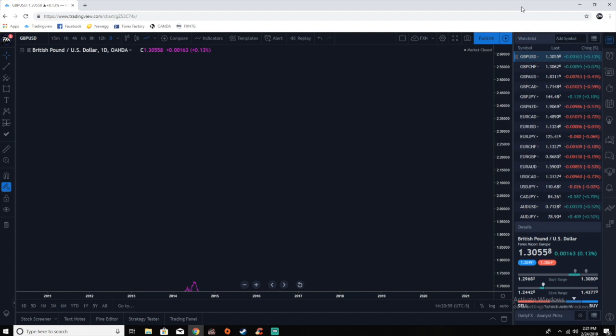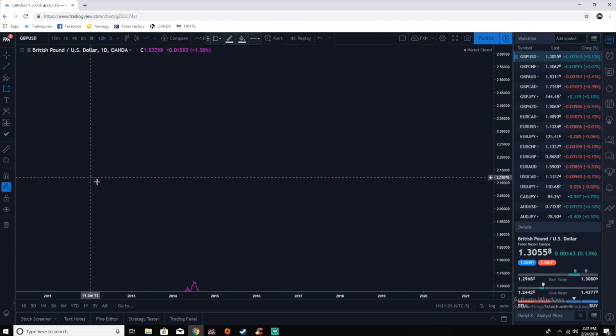Essentially, the hardest part about this strategy, guys, is being able to identify the levels. What do I mean by that? If we take a look at a typical market maker cycle, it would go something like this.